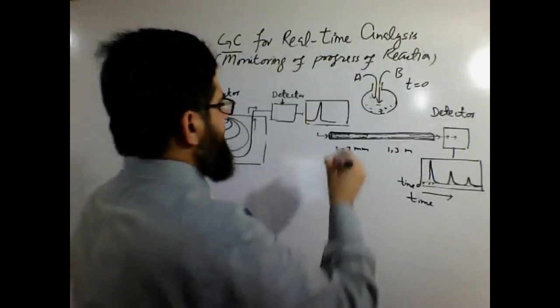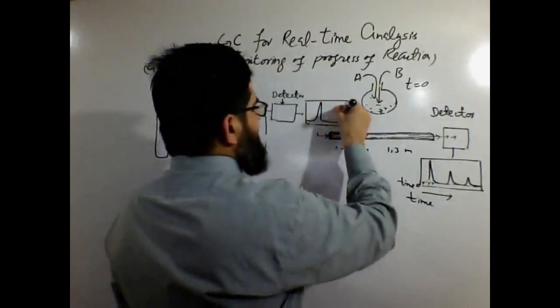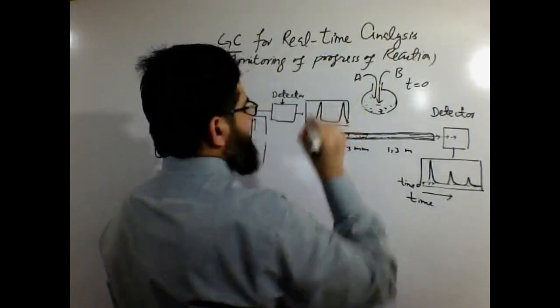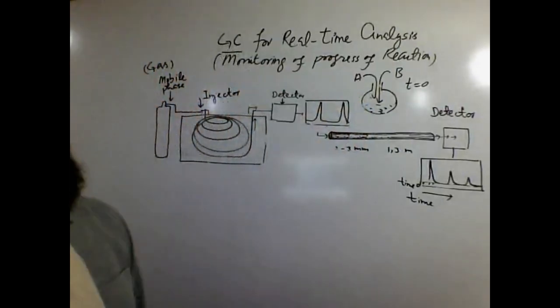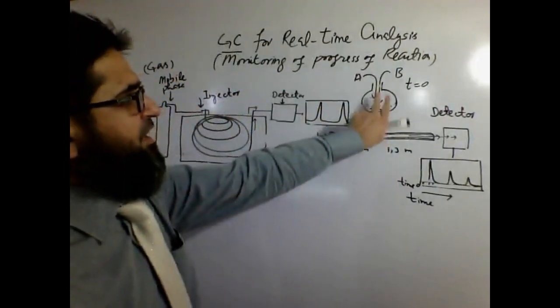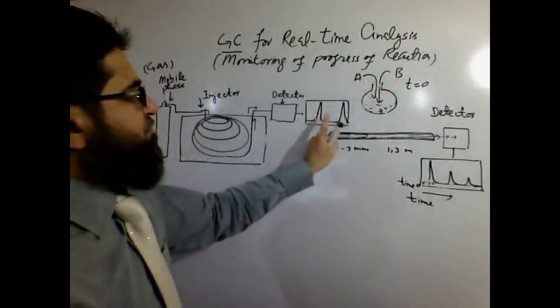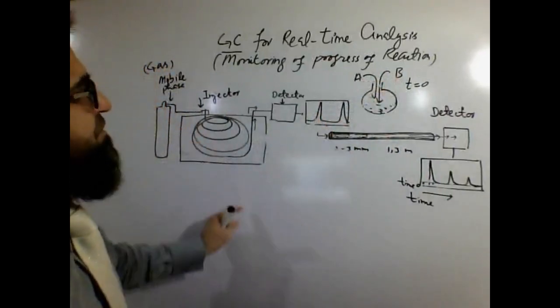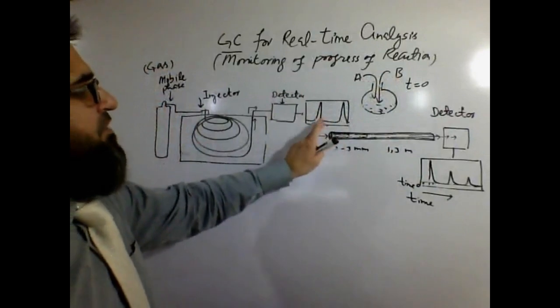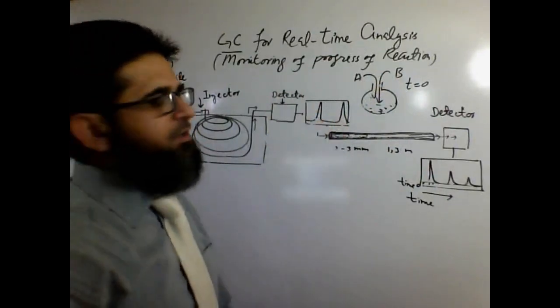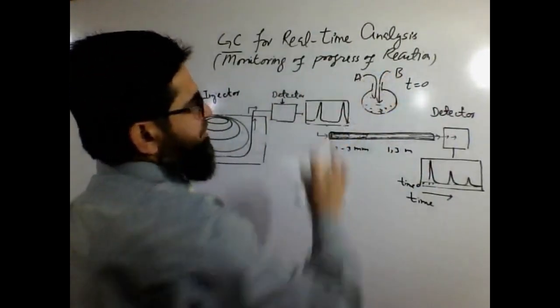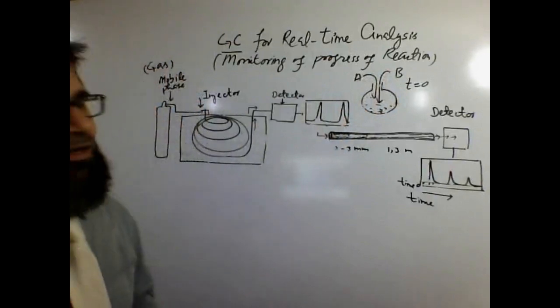Then again there could be a peak number 2, then again there won't be any peak. In the beginning we have mixed two components, so we should have 2 peaks. If the GC shows 2 peaks in the beginning, it means 2 components, 2 peaks, no product formation at the moment.